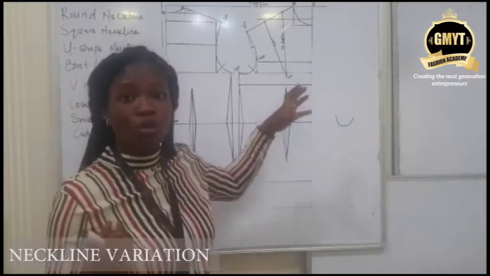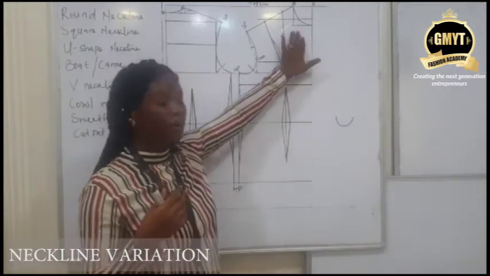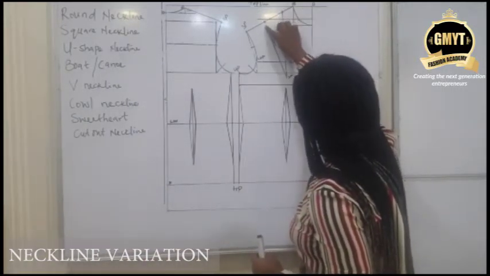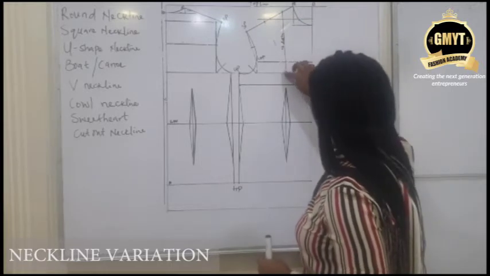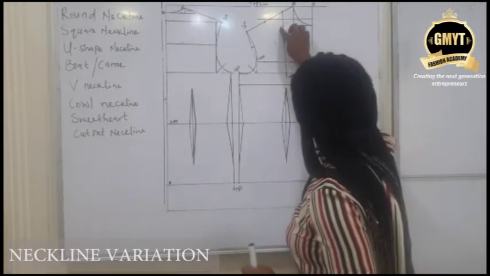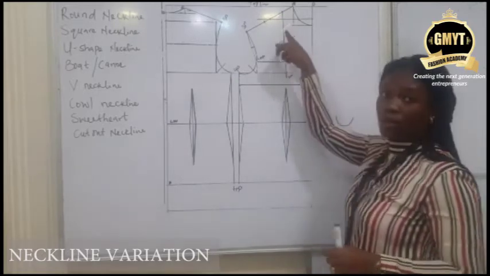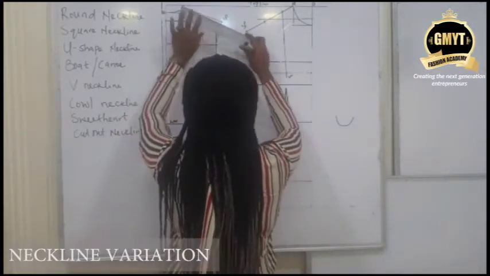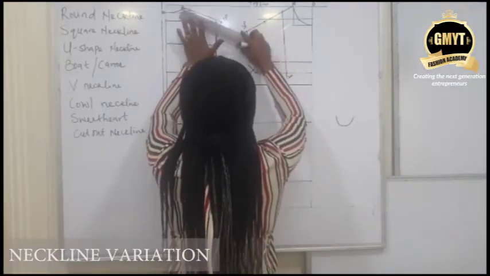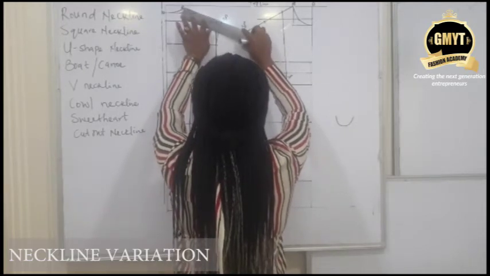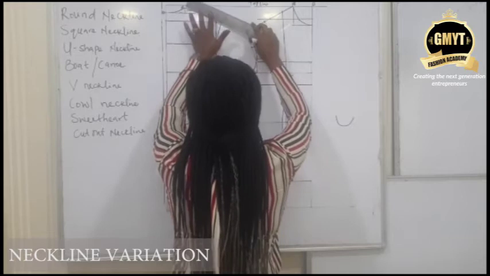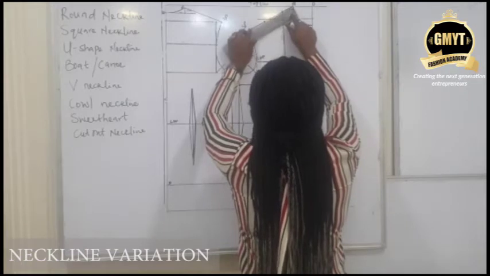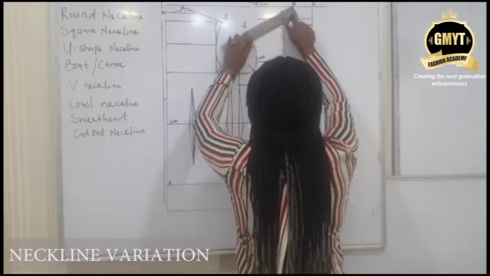So now, I said I want to do a round neck on my pattern. So let's just assume that I've closed my shoulder dart, and I have 14 cm for back, then I must have 14 cm for front.